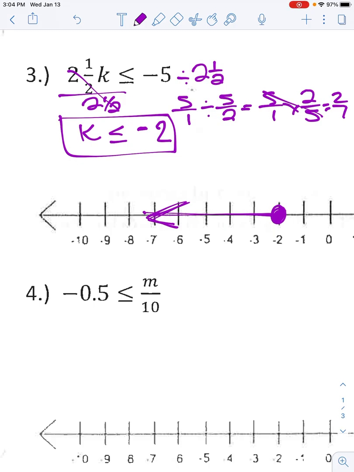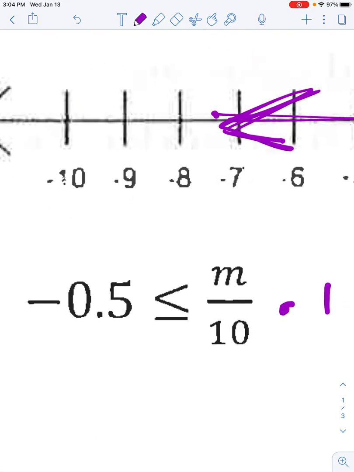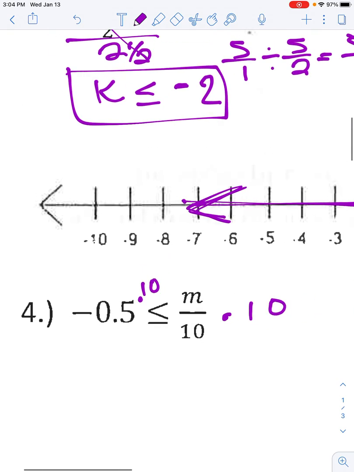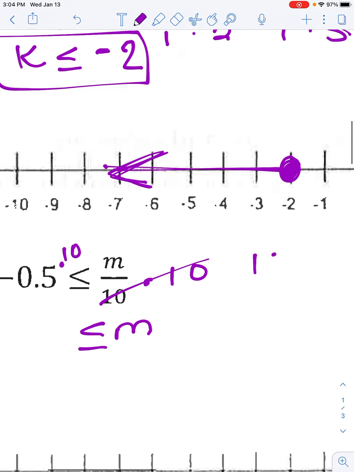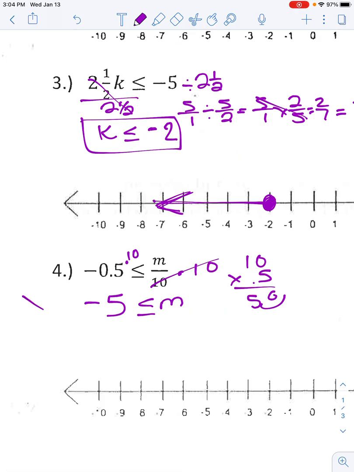Number 4, you should be thinking, oh, that variable is on the wrong side. We will change it at the very end. It says m divided by 10, so I'm going to multiply both sides by 10. So 10 times 0.5 is 5.